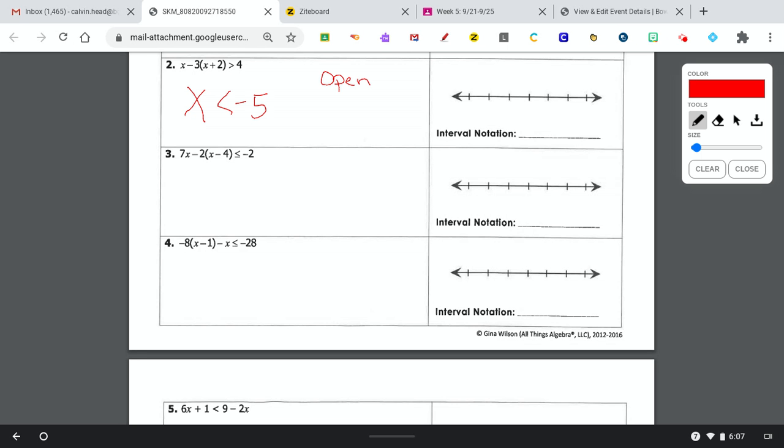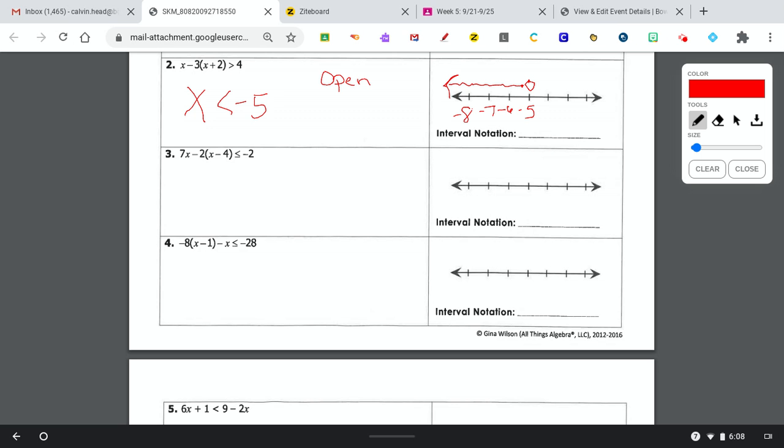Just like we graphed it, if this is -5, this would be -6, -7, -8. It's going to be an open circle on -5, and it's going to the left.